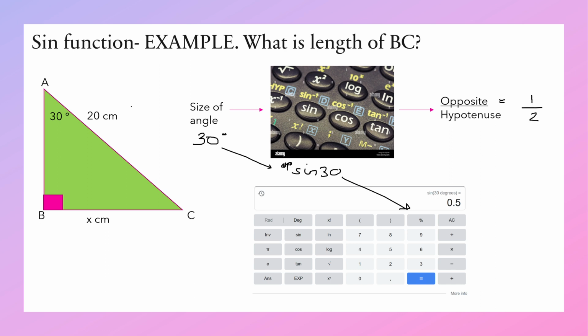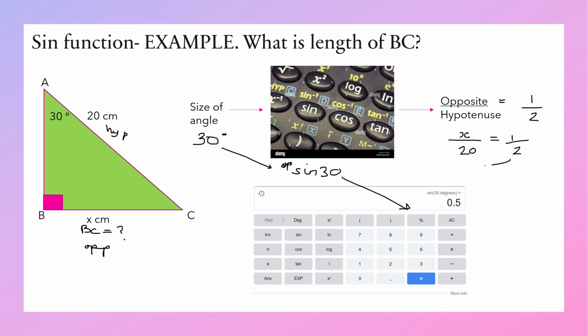Let's apply it to here. So opposite over hypotenuse for the 30-degree angle, if I was trying to find the length of BC, well, here's a quick way of thinking about it. 20 is the hypotenuse, BC is the opposite, and we know that the opposite over hypotenuse is equal to half. So if I have x over 20 equals a half, what do you think x is equal to?